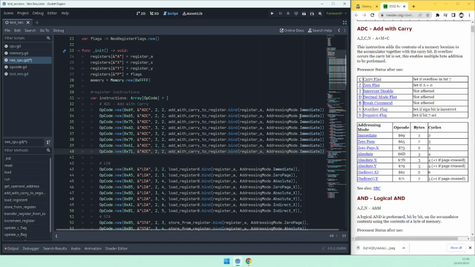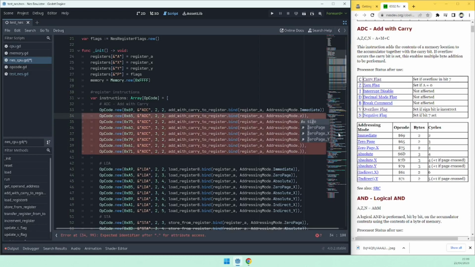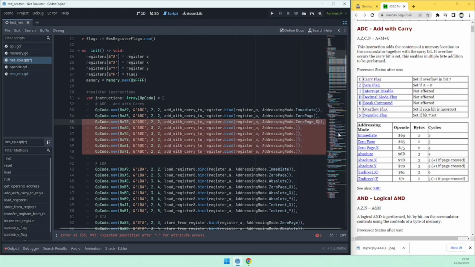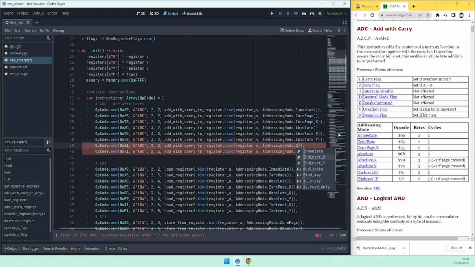Now let's change what is the addressing mode of each. This is zero page. The second one is zero page X. This is absolute, absolute X, absolute Y, indirect X, and indirect Y. Okay.